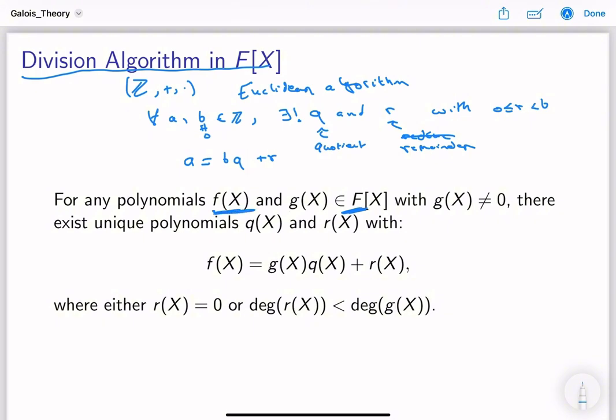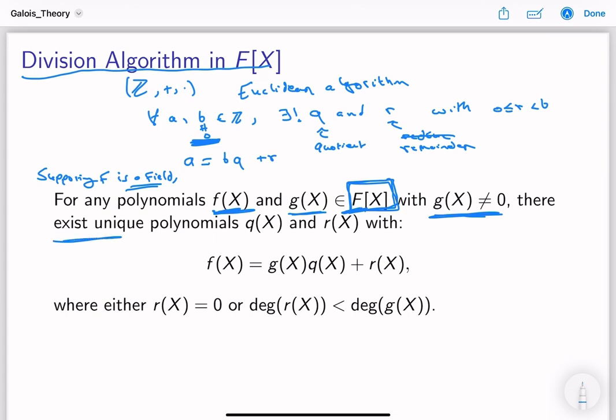We're starting with two polynomials, f of x and g of x, in the ring of polynomials with coefficients in F, and F is a field. This is important. We're also going to assume, analogous to what we assumed here, that g is not 0.